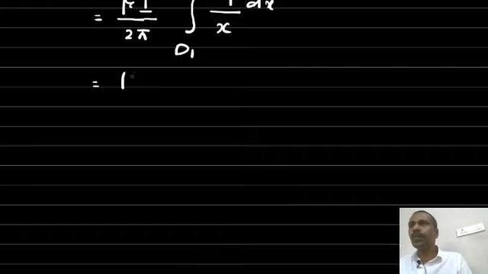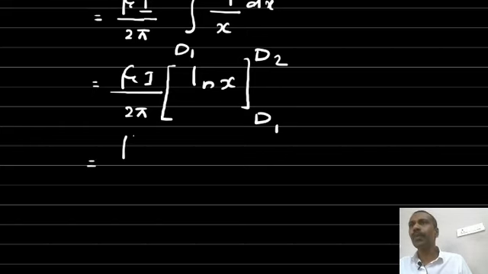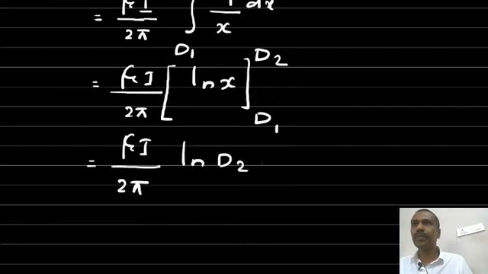Which is equal to mu I divided by 2 pi into natural logarithm of x from d1 to d2, and this is equal to mu I divided by 2 pi, natural logarithm d2 minus natural logarithm of d1, the upper limit minus the lower limit.